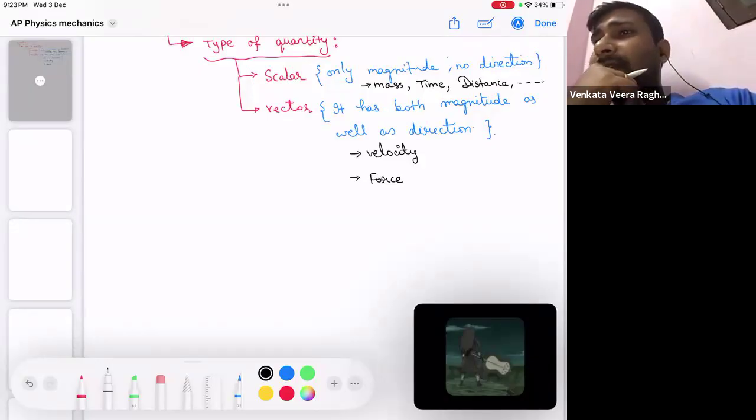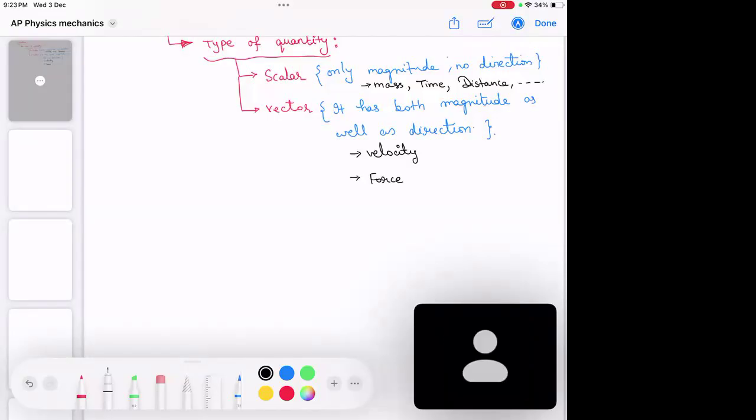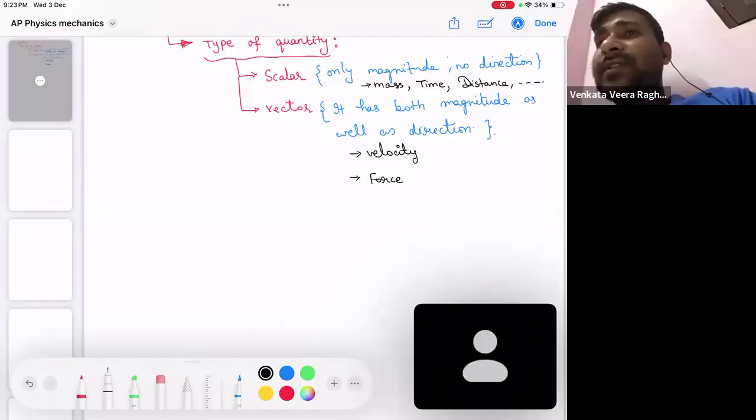If a bag contains two blocks of mass 5 and 10 kg, what is the total mass in the bag? Is that just 5 plus 10, 15? Yes, sir. It's just simple algebra.